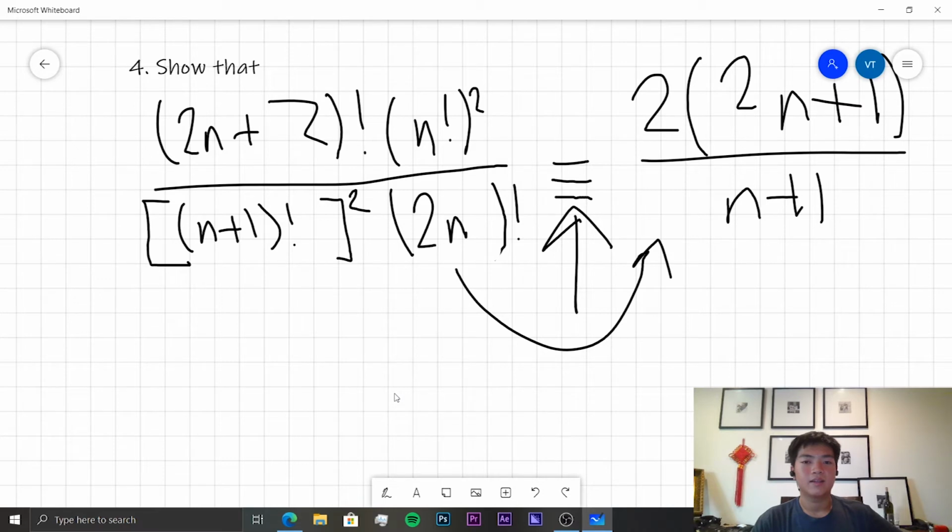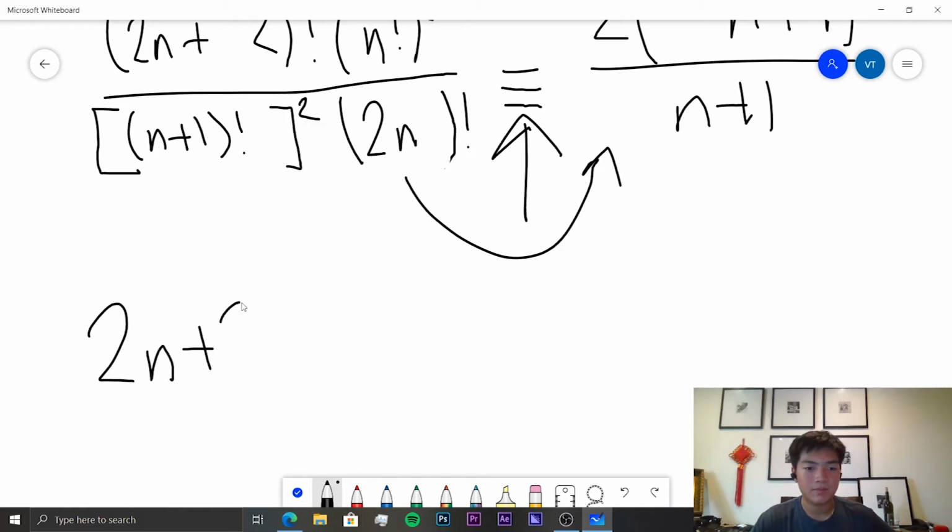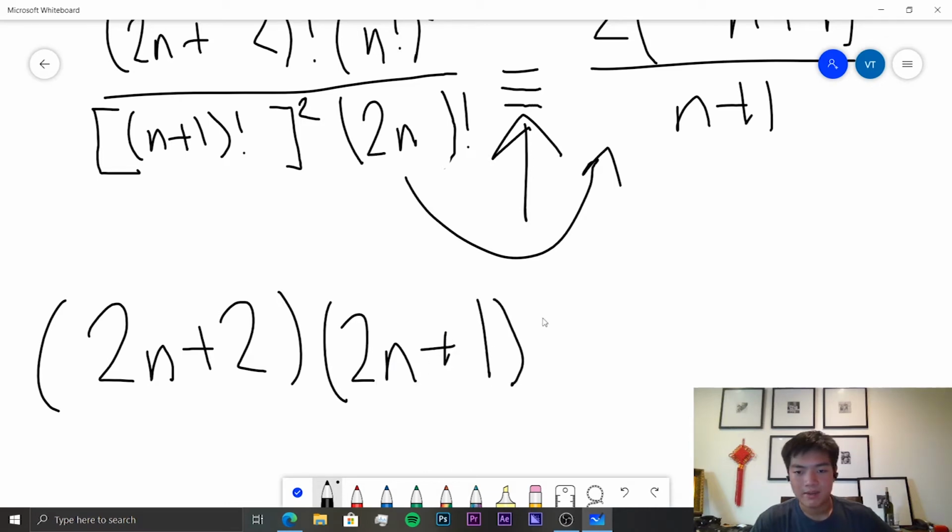Okay. So, first of all, let's simplify (2n plus 2) factorial as 2n plus 2 times 2n plus 1 times 2n factorial.